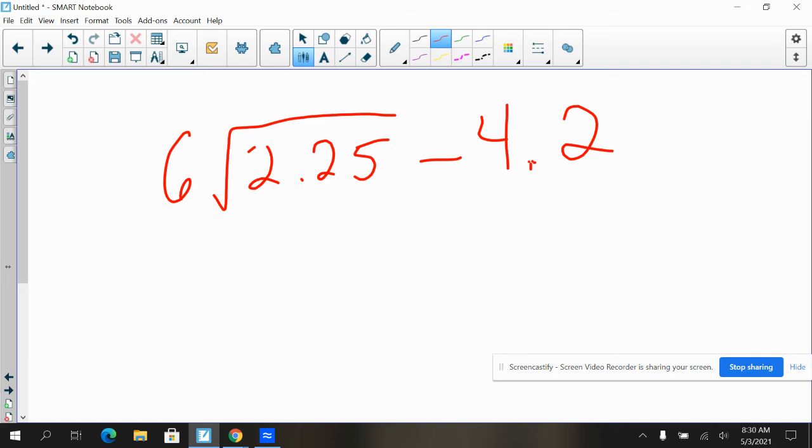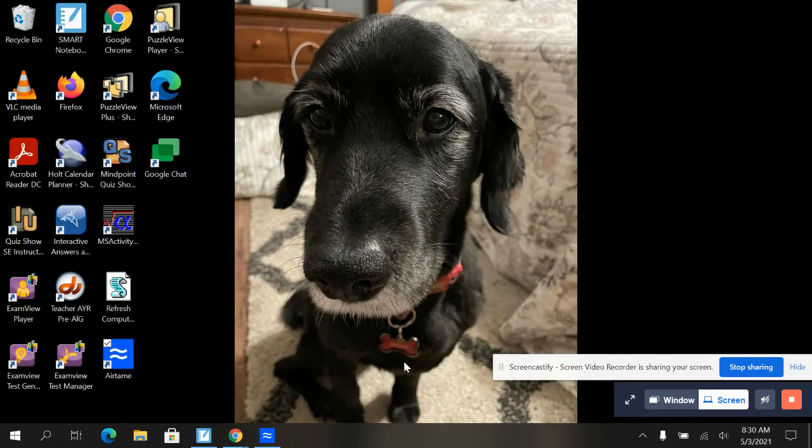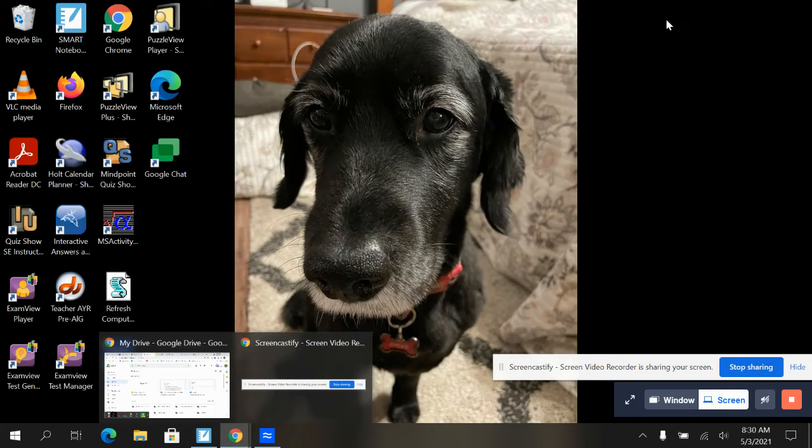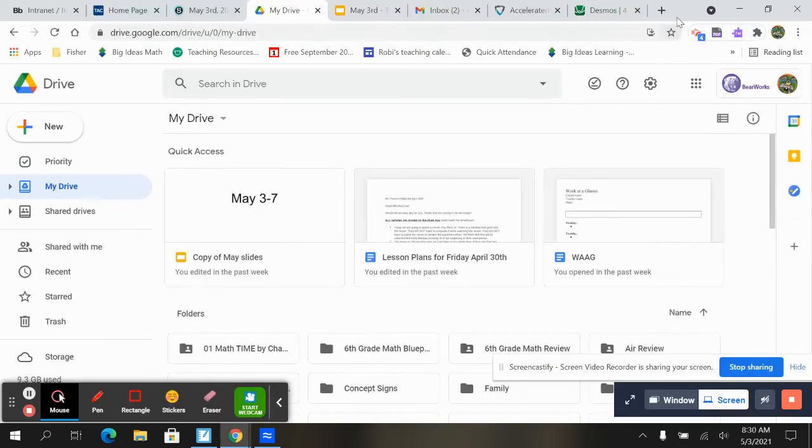If something like this would arise, you would be able to use your Desmos calculator, because we don't expect you to know two numbers that when multiplied together give you 2 and 2500. Even though you may know it, I don't know. So with that being said, let's do one of these.